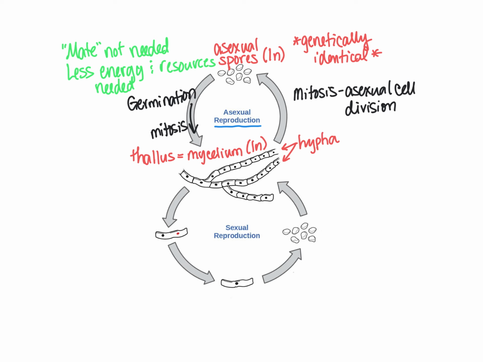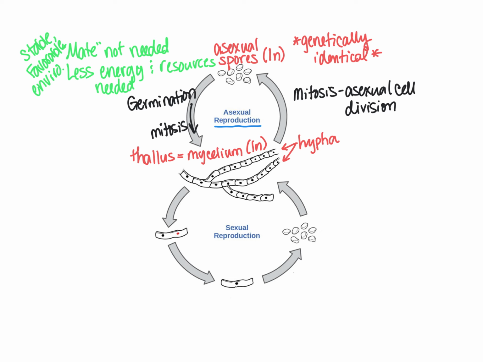Genetic diversity also isn't needed because if this is a stable, favorable environment, then we know that the fungi alive in this environment are well suited to that environment. So the genetic diversity is not needed.